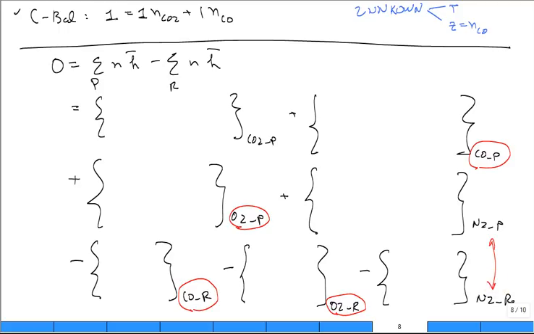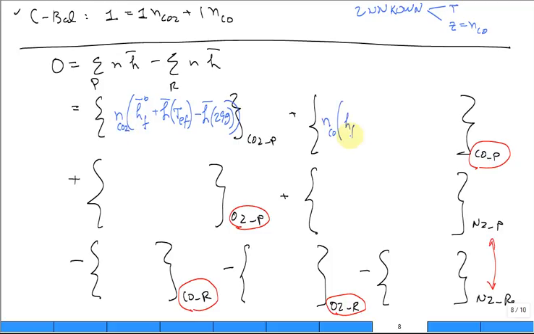So each one of these terms has an N, then it has this enthalpy on a molar basis. It starts with the enthalpy of formation, doesn't it? And then it has the molar enthalpy at the product is going out at that equilibrium flame temperature minus the enthalpy at 298, the reference temperature. Close paren. So we have the unknown amount of CO going out in the product. This was the unknown amount of CO2 going out in the product.